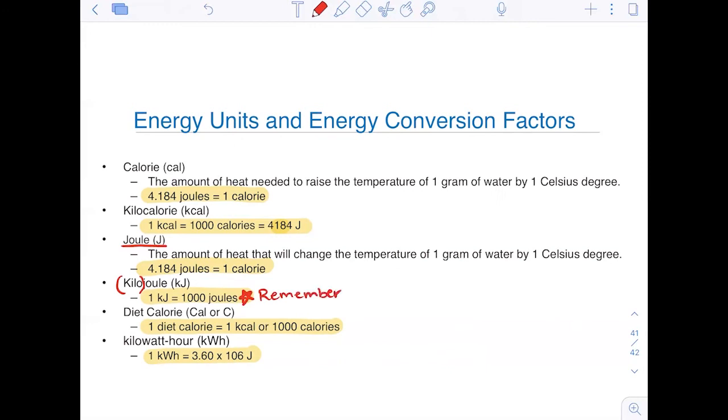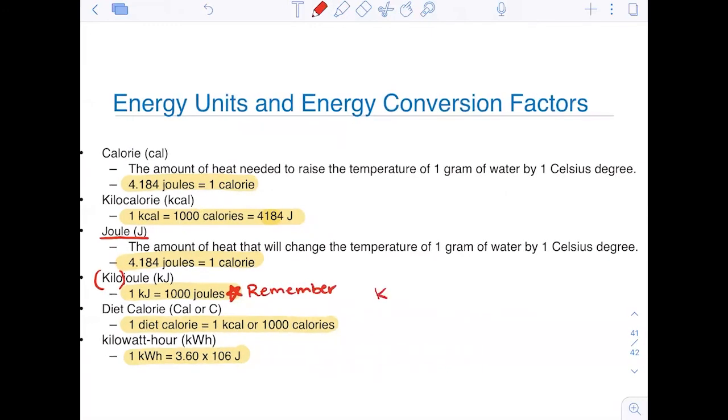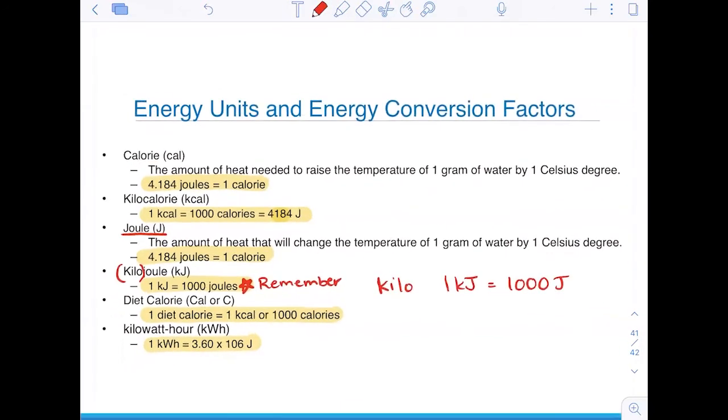Kilo as our prefix multiplier: 1 kilo, and we'll just use joule, is equal to 1,000. It's that 1 to 1,000. And so if you have to review those, go back over our SI units and review or introduction video. Not required if you've taken this class before, but if you're brand new, that's why it's required in the lab.